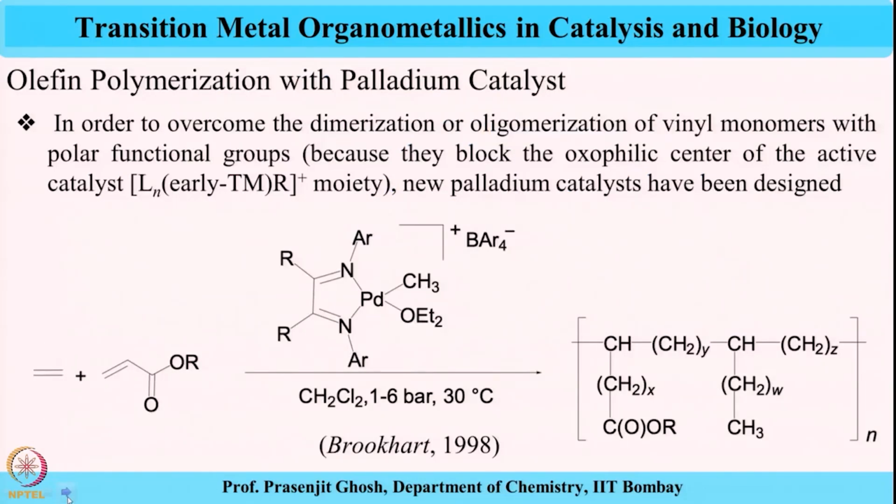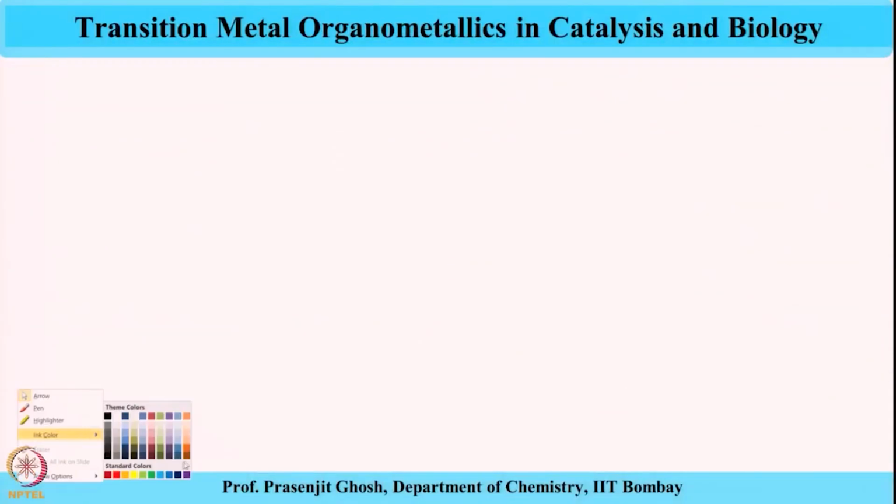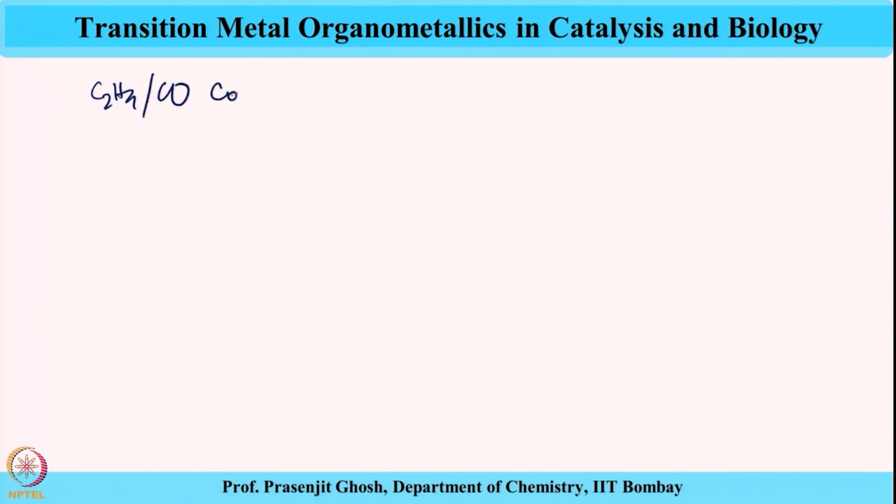Now, moving on, there was another focus, on being able to actually polymerize ethylene and carbon monoxide, CO copolymerization. It is important to note that C2H4 homopolymerization is possible.